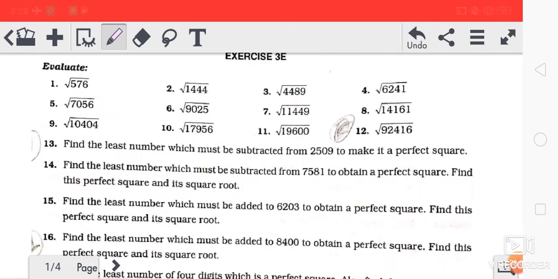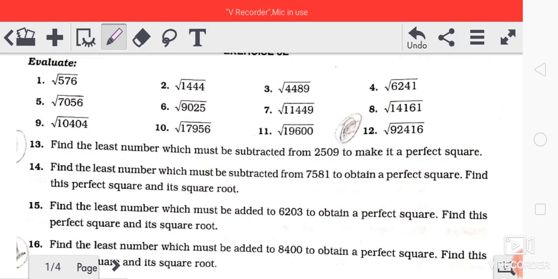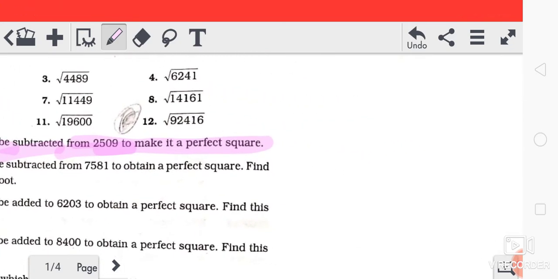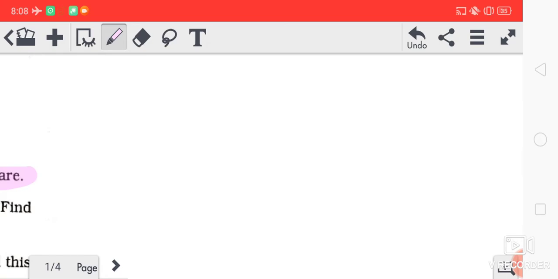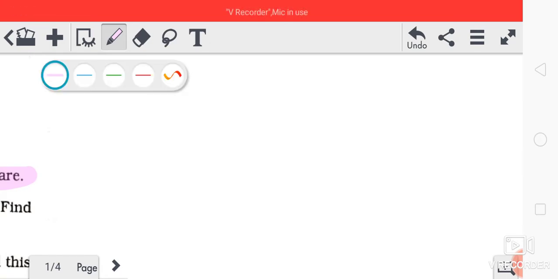Now come to the statement questions. Find the least number which must be subtracted from 2509 to make it a perfect square. Before doing this one, we should take a small example.